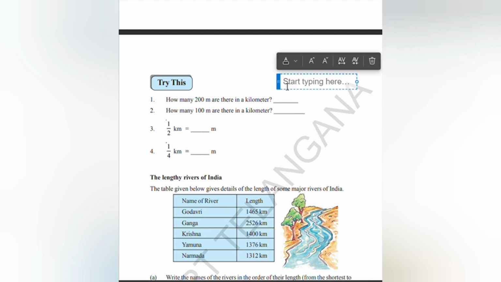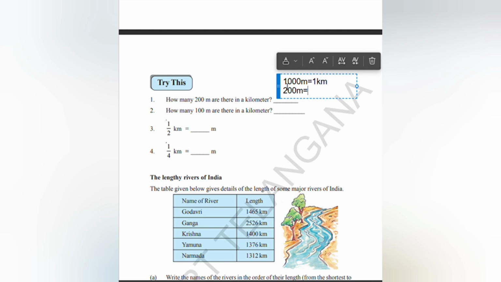So 1000 meters we can write here, 1000 meters is equal to 1 kilometer. So therefore, 200 meters is equal to how much?